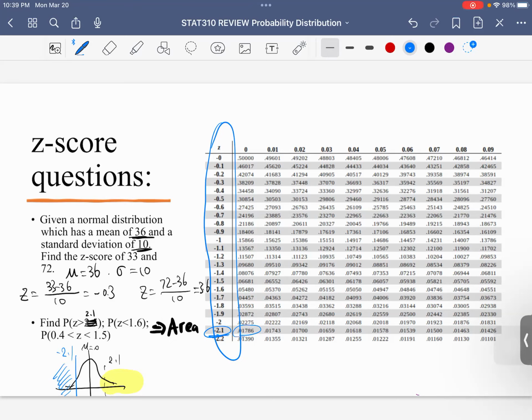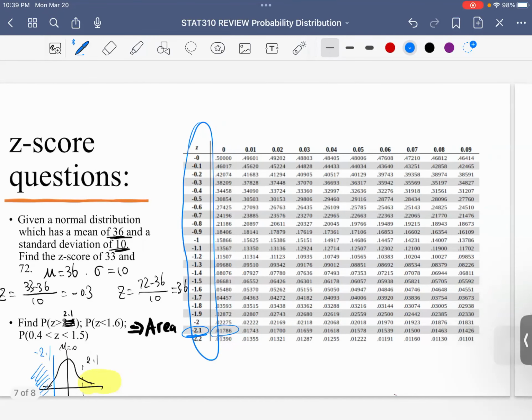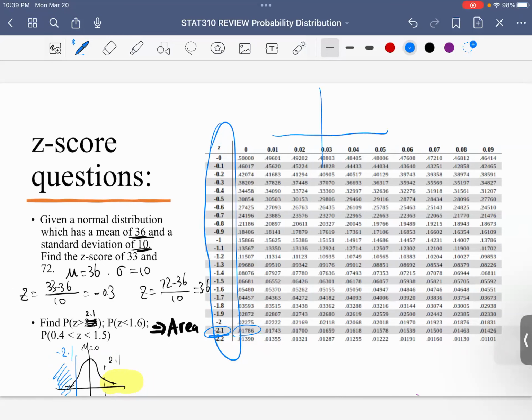Let's draw the picture out here. So this is 1.6. It is asking for the probability on the left-hand side.